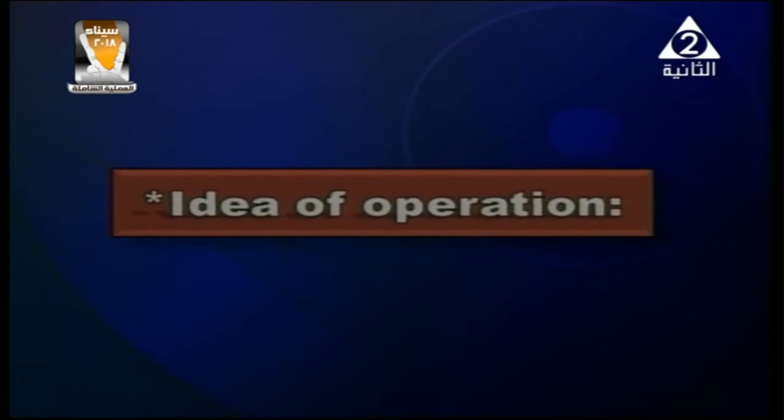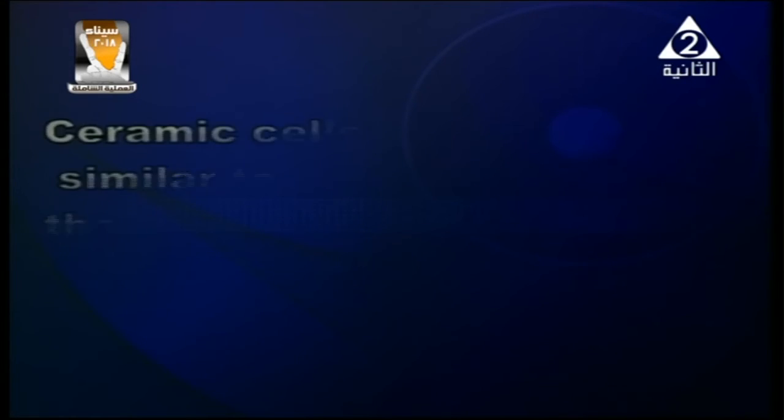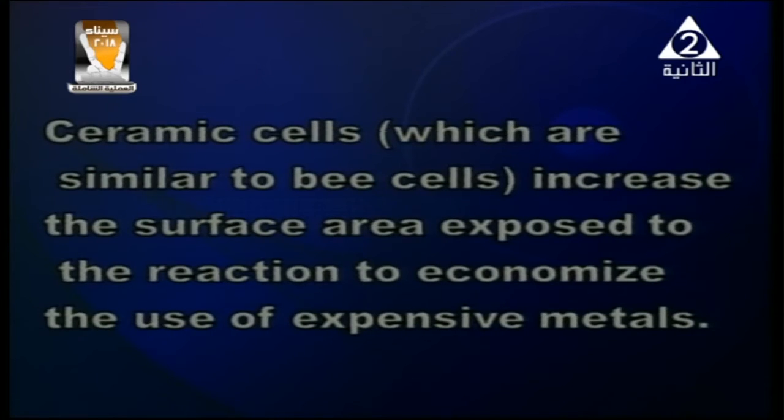This catalytic converter has an idea for its operation: ceramic cells, which are similar to a honeycomb, increase the surface area exposed to the reaction to economize the use of the expensive metal, to protect them and protect our environment.